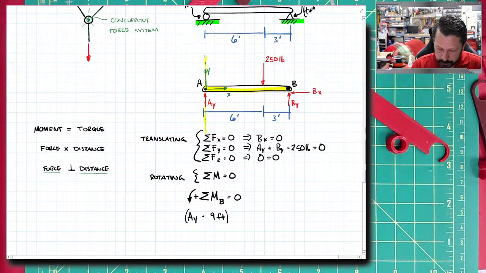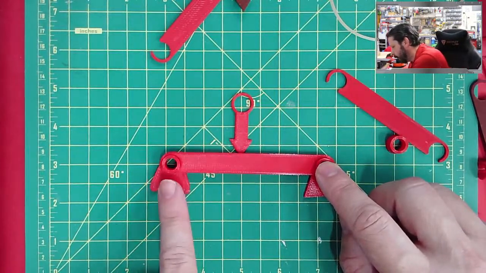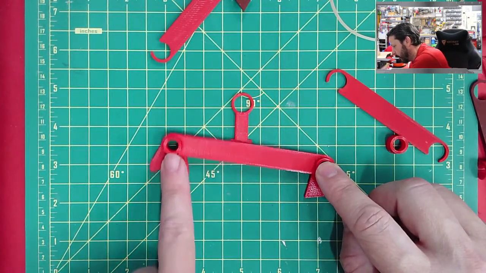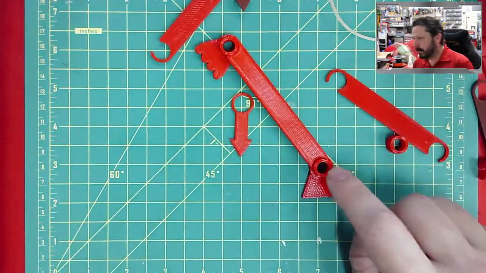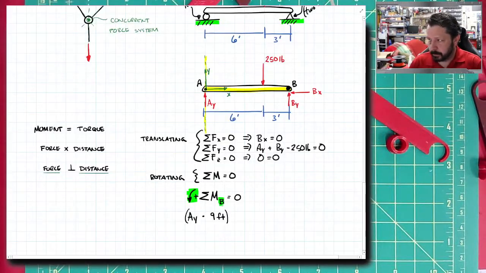I said that counterclockwise moments, so moments that would cause the body to rotate counterclockwise about the point of interest, are going to be positive. Clockwise ones will be negative. So we go over here. This pin, I drew the arrow pointing up, which would make the beam rotate clockwise about point B. So according to my equation, this needs a negative sign on it because I said counterclockwise was positive, and this is going clockwise.